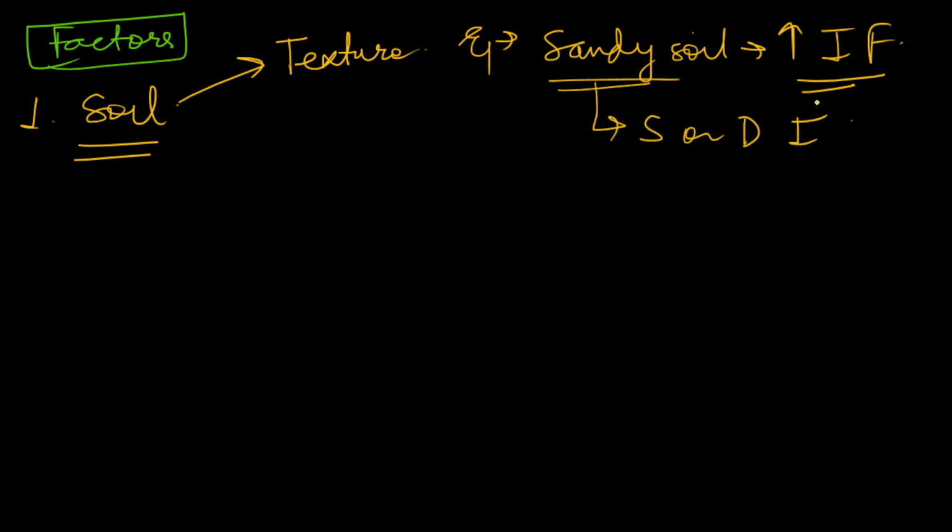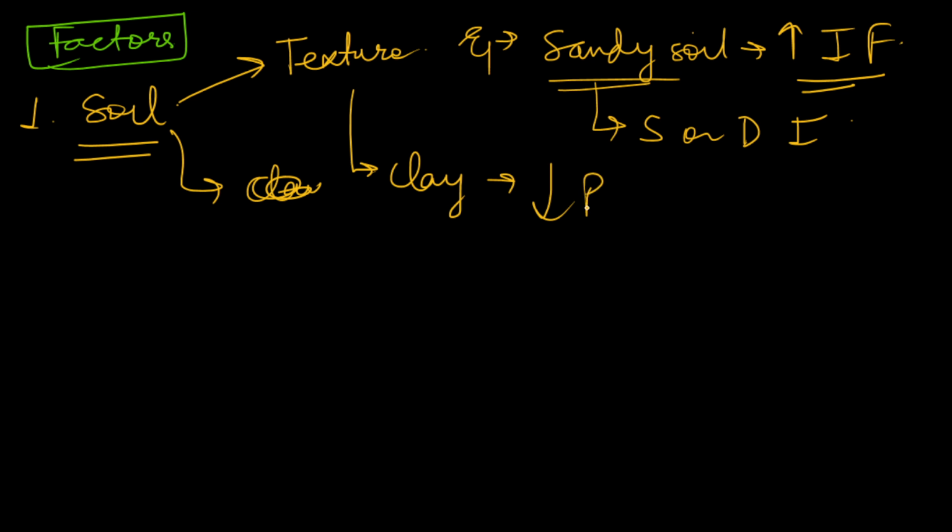Similarly, you can also mention that clay soils, which have low permeability, favor methods like basin or furrow irrigation. Clay soils in texture have low permeability. So what will it favor?